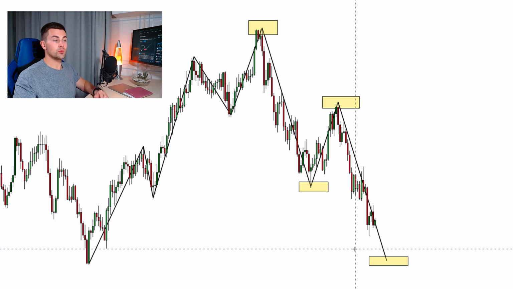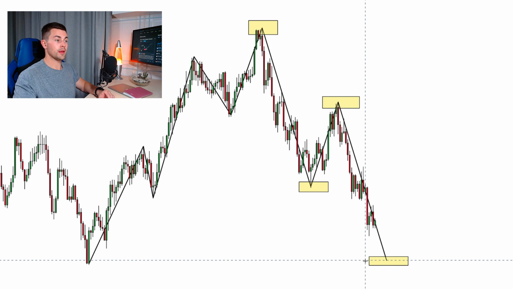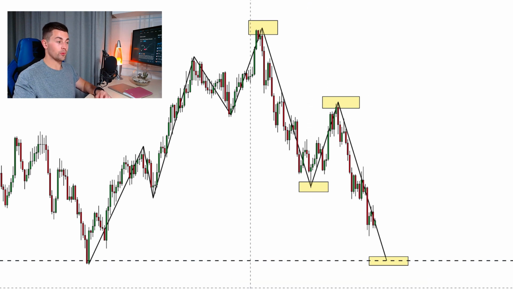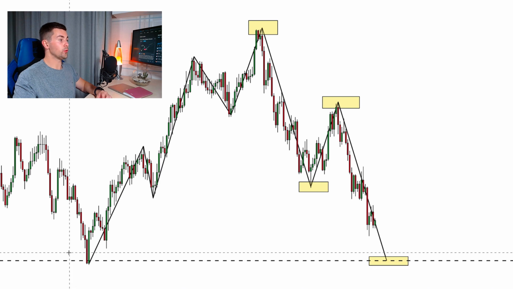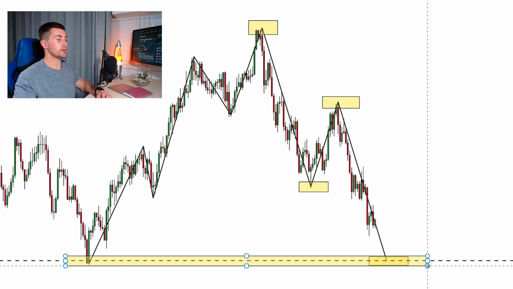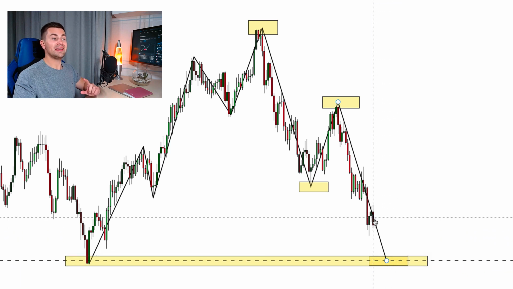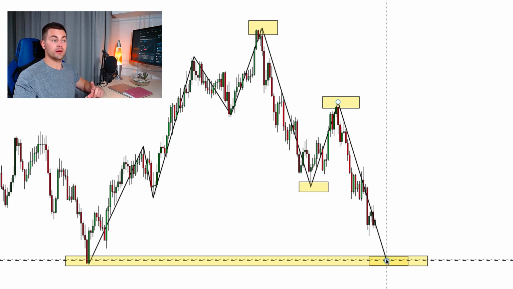Once we made the projection, we draw the horizontal line and we check whether we have any structure on the left, the key level check. And over here you see that we have a very nice historical structure on the left.